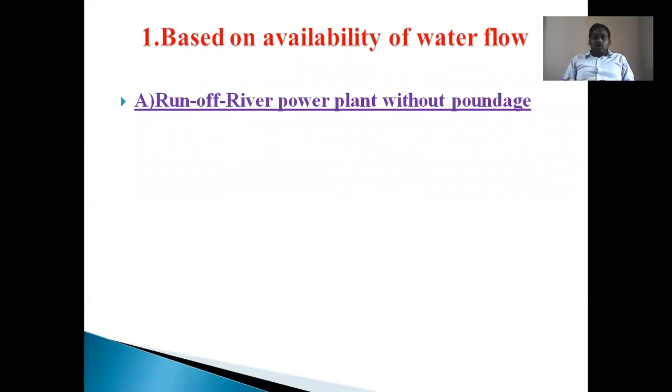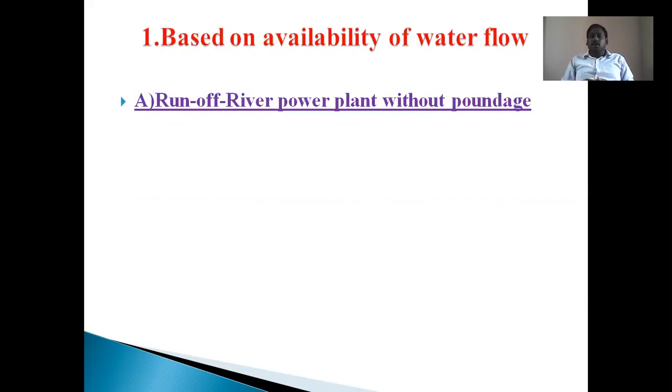Runoff river plant without pondage means there is no storage of water in a special area. The power plant is directly connected to the rivers or lakes through canals. That means the penstocks are directly connected to the rivers or lakes through a canal.